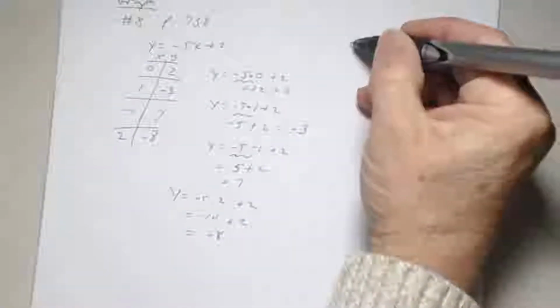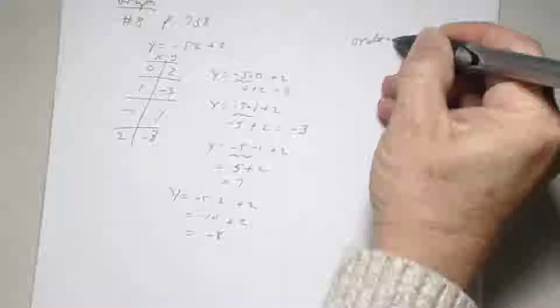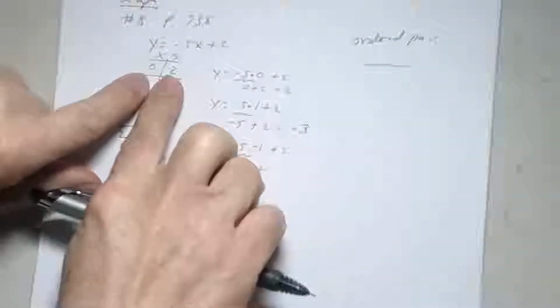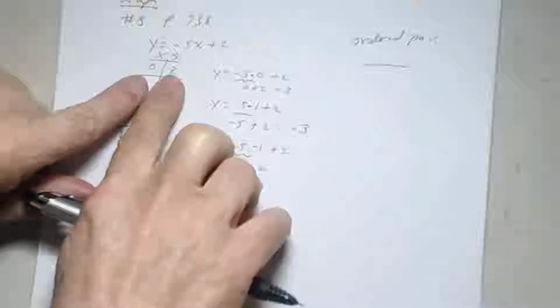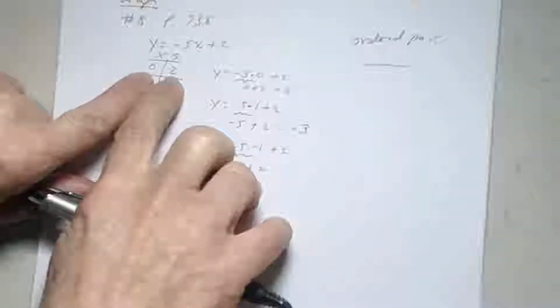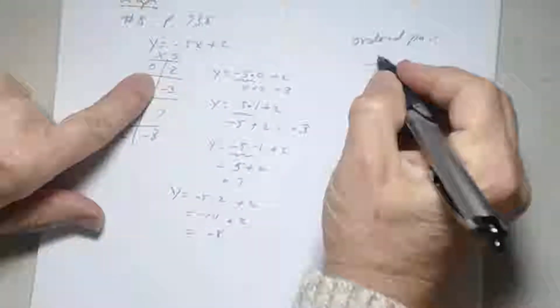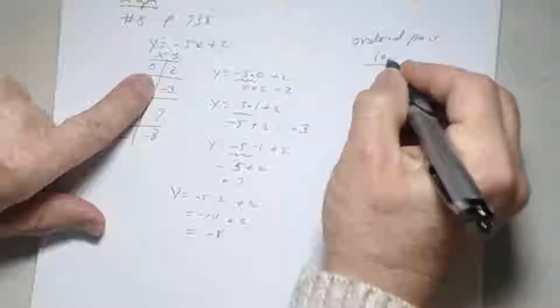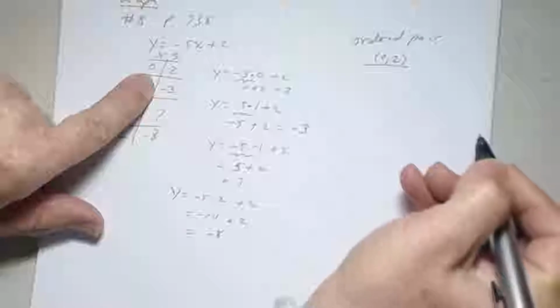So here's what I mean by an ordered pair. If I say, tell me what an ordered pair is that's on this graph, you're just going to say what your x and y is. So what's x here that I'm pointing to? 0. What's y? 2. But when you list it, you put it in parentheses. So you can say parentheses 0, comma what? 2. That's an ordered pair.